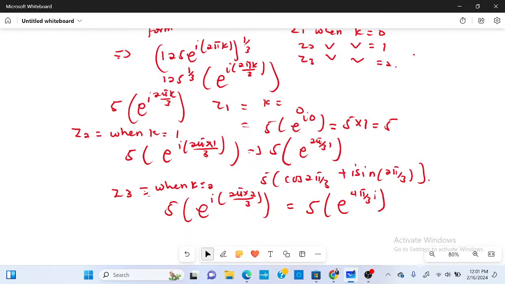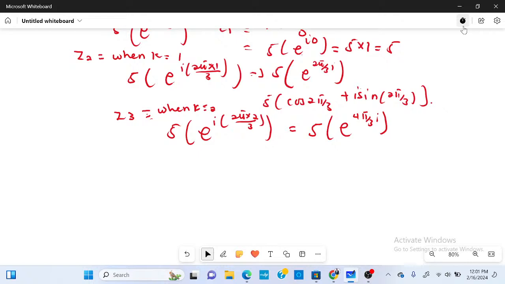So at this point, I'll simply have my third root z3 to be equal to 5, then cosine of 4 pi on 3 plus I sine of 4 pi on 3. And that gives us a solution for our equation.